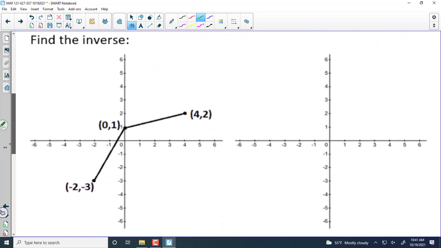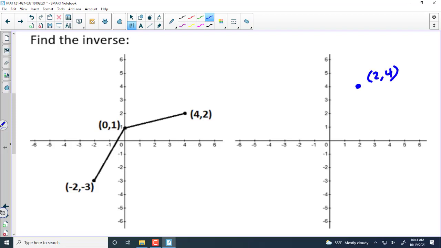So, do you think we could do that with a graph also? Yeah. This graph has an infinite number of ordered pairs on it, but what we can do is we can use the 3 key ordered pairs that I've labeled to get 3 new ordered pairs over on the inverse. So what would be one ordered pair that would be on the inverse for sure? 2, 4. 2, 4, very good. We have 2, 4 over here.